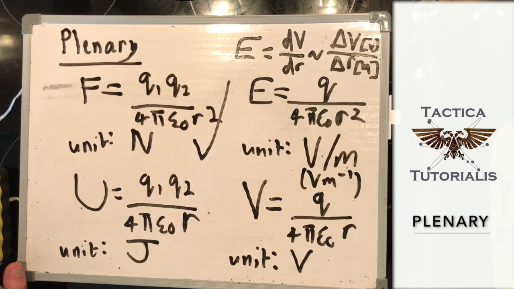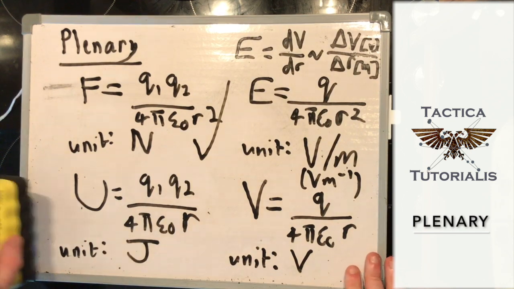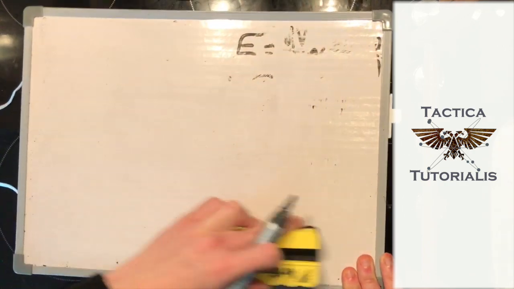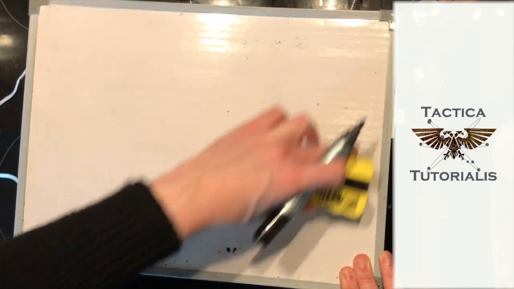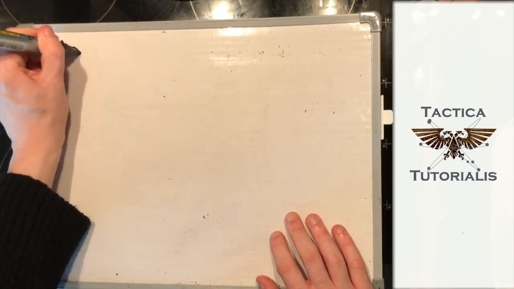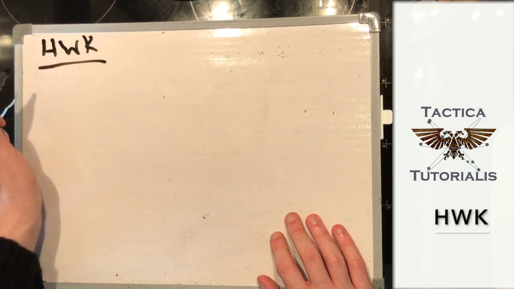So I'm going to set you one last homework question. If you want some homework to practice at using these formulae one more time, let's set some homework very briefly.